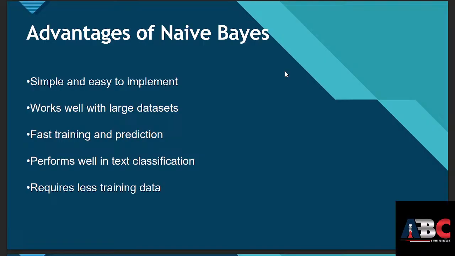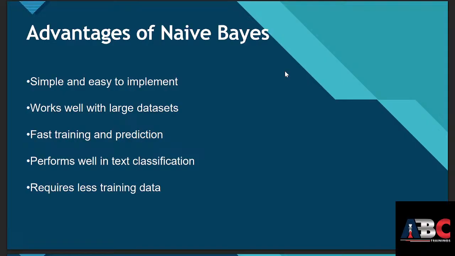The second one is that it works well with large datasets. Naive Bayes performs very well when dealing with large datasets. In many real-world applications such as email filtering or social media analysis, the system must process millions of data points.